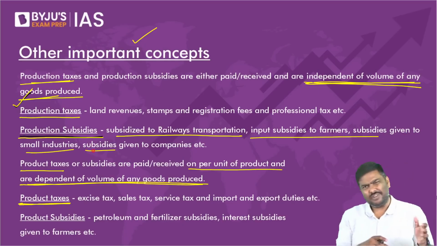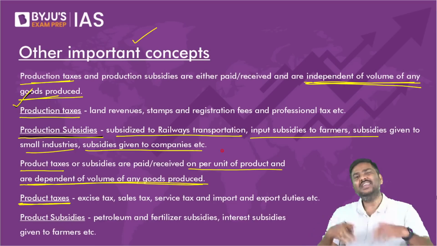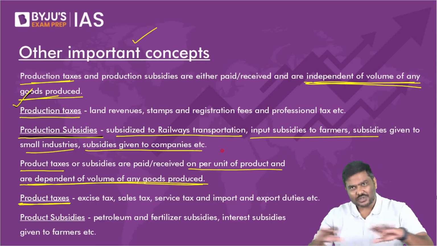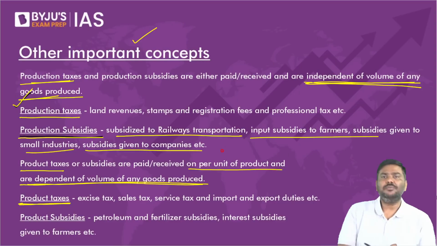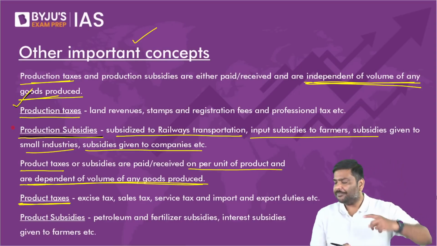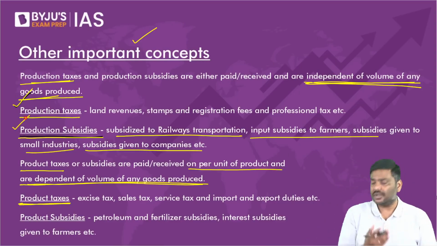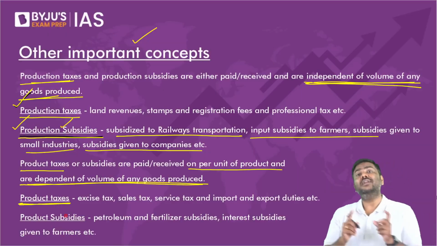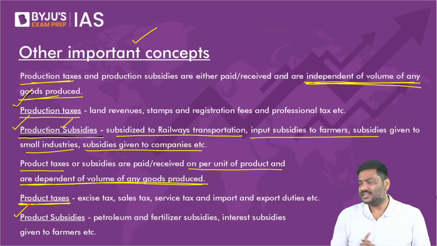Later I will give you a lot of examples of these subsidies. Please don't worry about subsidies now. Whenever subsidies are independent of production value, that is called a production subsidy, and those dependent on the number of products you're manufacturing are called product subsidies.